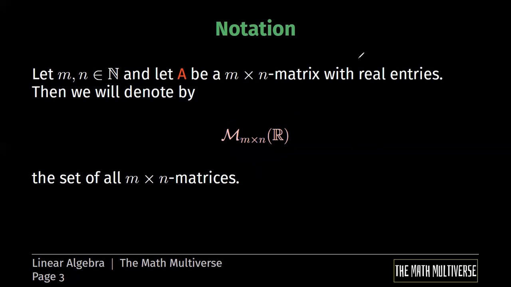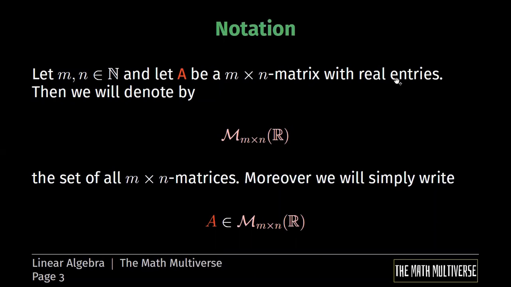Now we have our matrix A and we have our set capital M. Instead of saying let A be an m times n matrix, we will simply say, let's take a matrix that belongs to the big set M m times n R. It will be easier to write and easier to understand. So we will use this notation from now on.